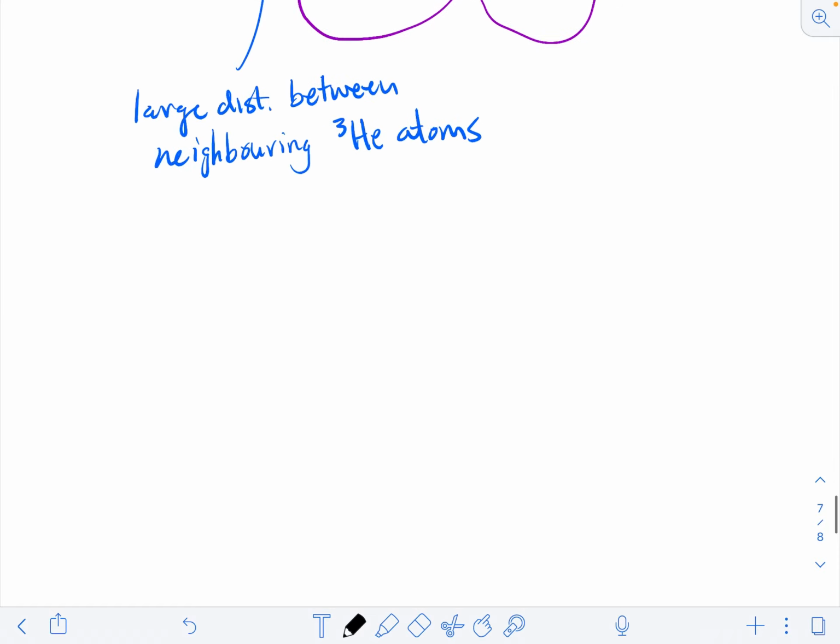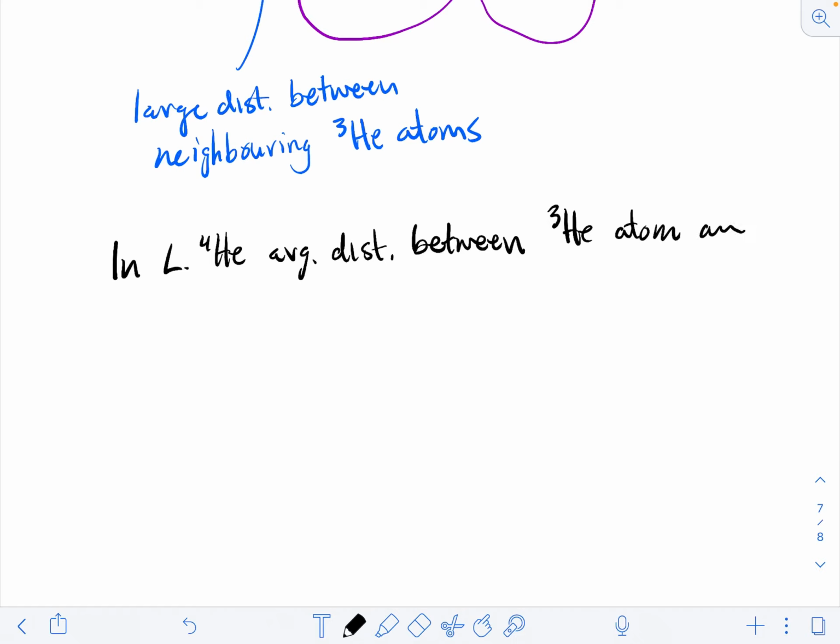Okay, so in liquid helium-4, the average distance between the helium-3 atom and neighboring helium-4 atoms is small.